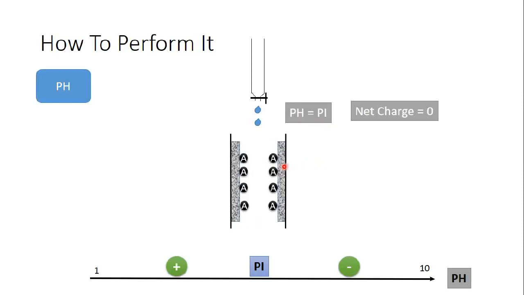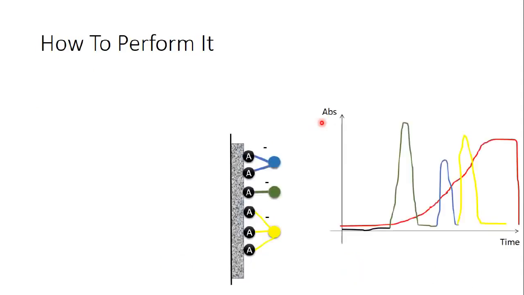Even if there are other proteins stuck to the column, let's say there might be some impurities, some other proteins might also be binding to substance A. When we apply a pH that equals exactly the pI of our protein, only our protein will be washed out.